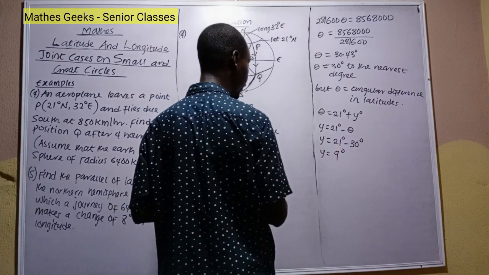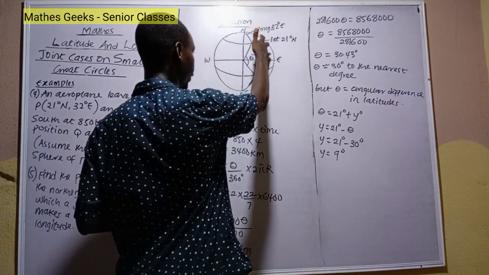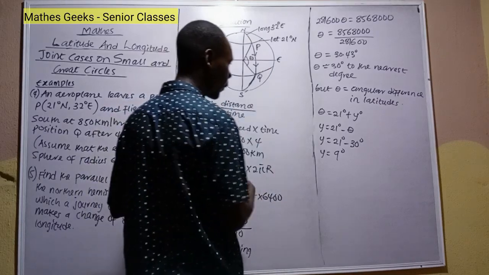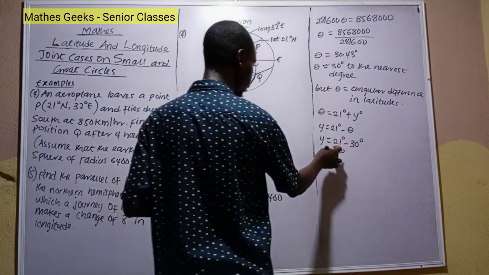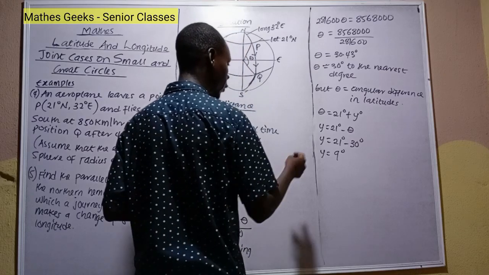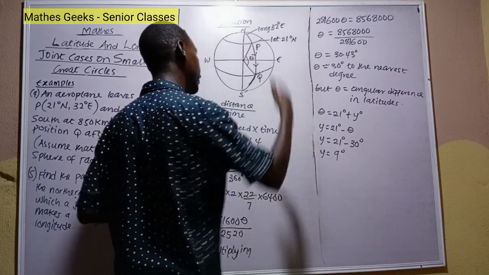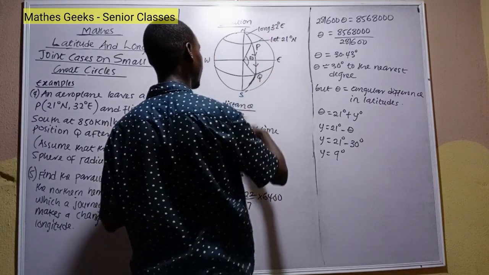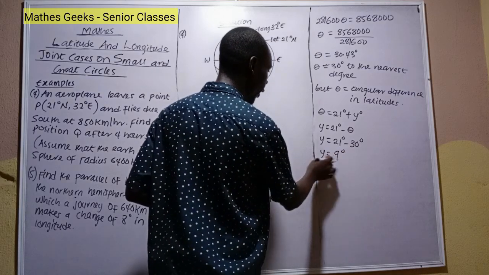The negative value is there because it shows that Q is opposite to P. In other words, Q is in the south while P is in the north. The minus sign only tells us that the latitude of Q is opposite to the latitude of P. That's what it means.